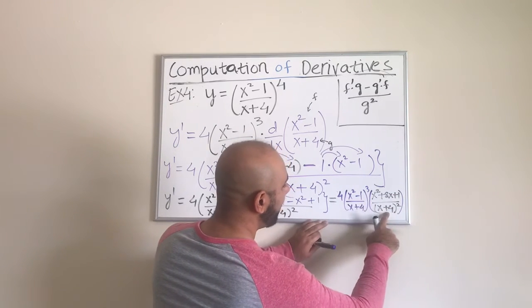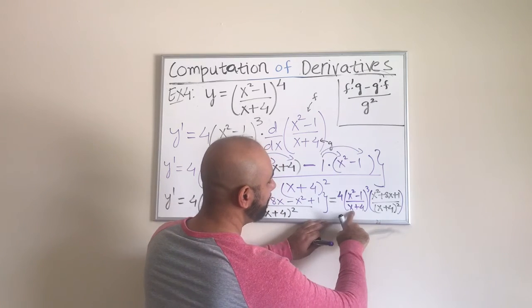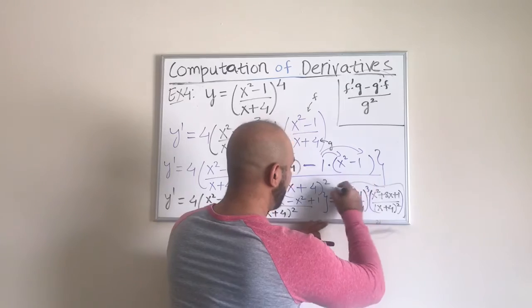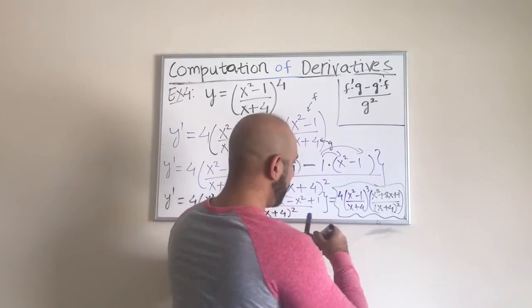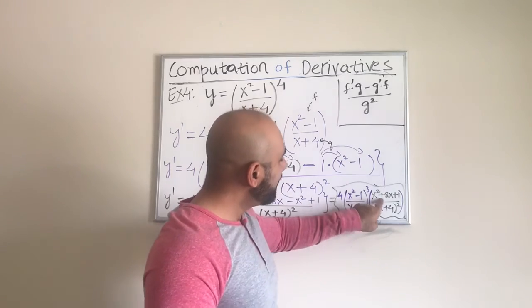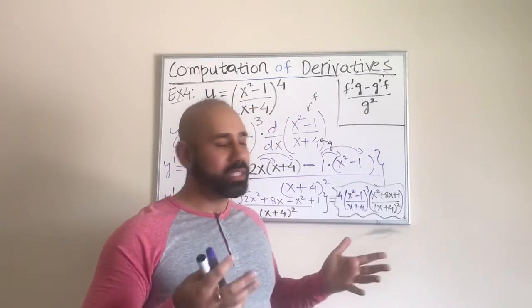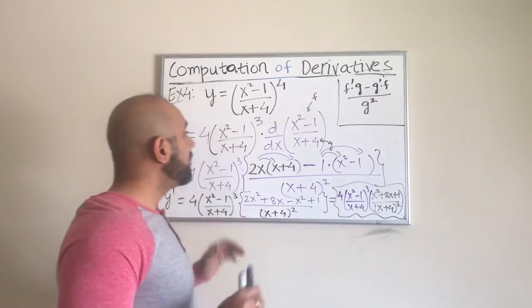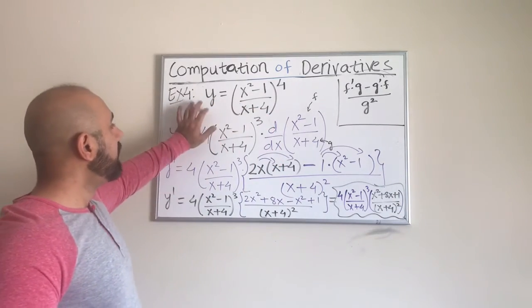Guys, sometimes people like to combine these two and then you would just write x plus 4 raised to the power 5, but you can even leave it like this. It's up to you if you want to go further. But one thing that I can see here is that we cannot simplify this any further. I cannot really factor this or simplify any further, so I think we can leave it like this. Guys, this is going to be the final answer for this particular example.